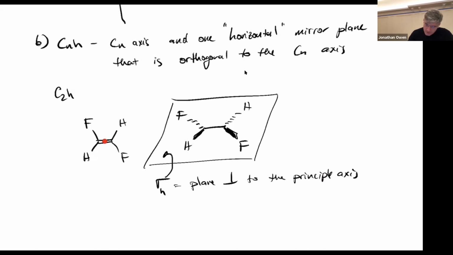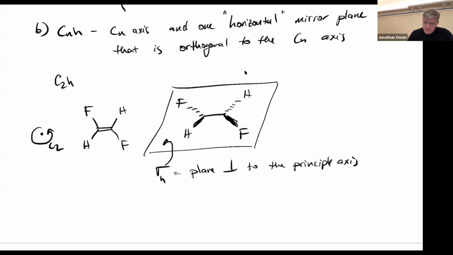Principal axis is right in the middle of the molecule, orthogonal to the paper on this left example. And it sends fluorine to fluorine or hydrogen to hydrogen with a 180-degree rotation. So the paper in this example here contains all the atoms. So there's a plane of symmetry in the paper, and that plane of symmetry is orthogonal to that C2.